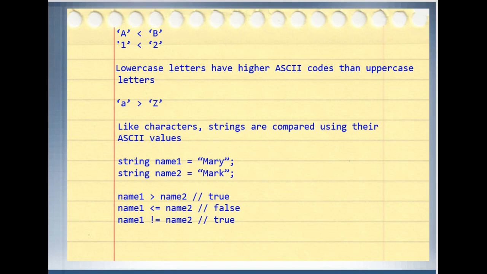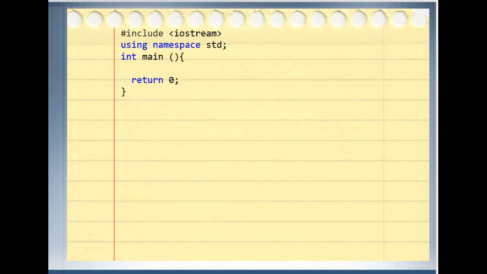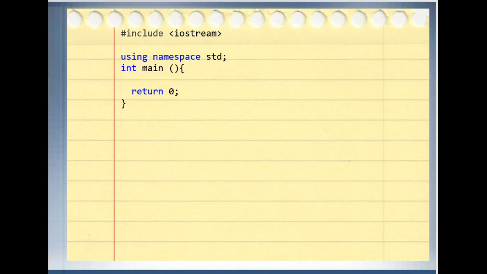Let's keep comparing strings by creating a C++ program that uses relational operators to check whether a string entered by the user is a valid stereo part number. In this program, we'll need to include iostream and also string.